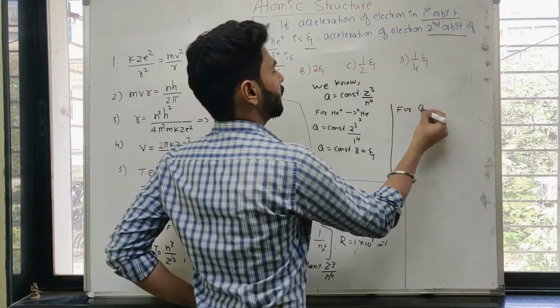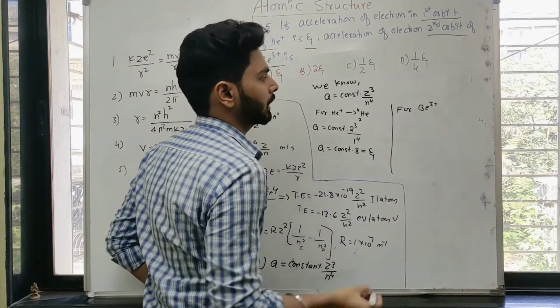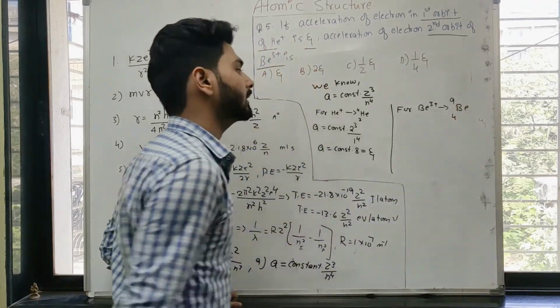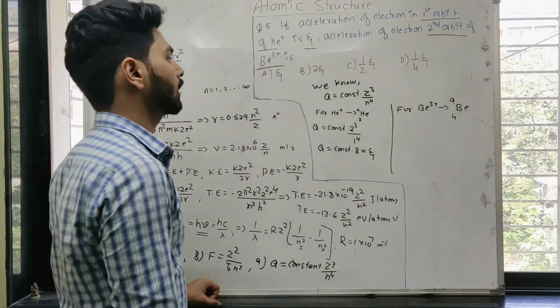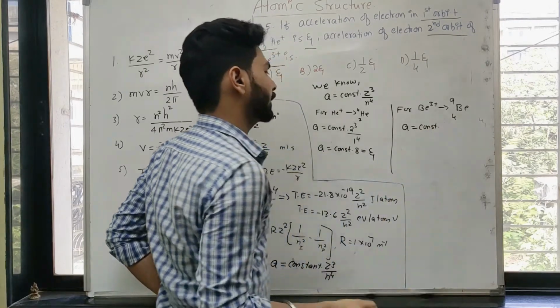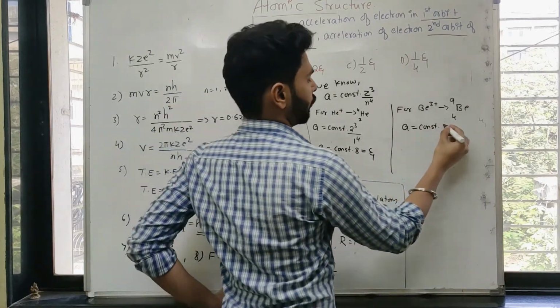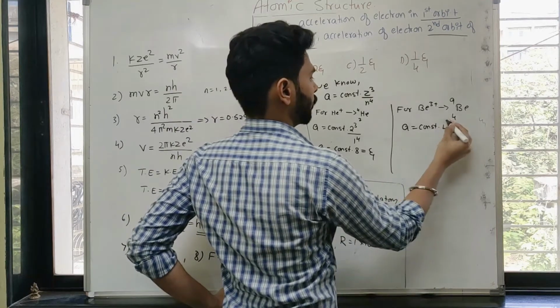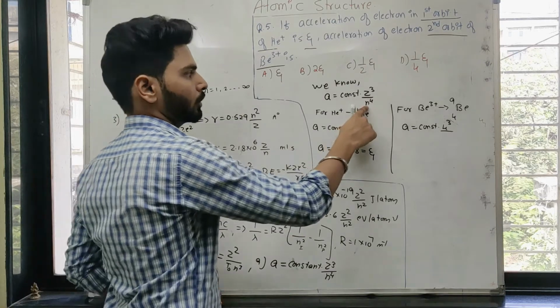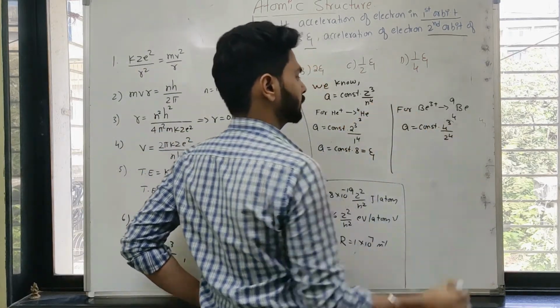Now for beryllium 3 plus, we know beryllium is 4 and 9, atomic number is 4. So acceleration is equal to constant into 4 power cube, and the second orbit, so n power 4.